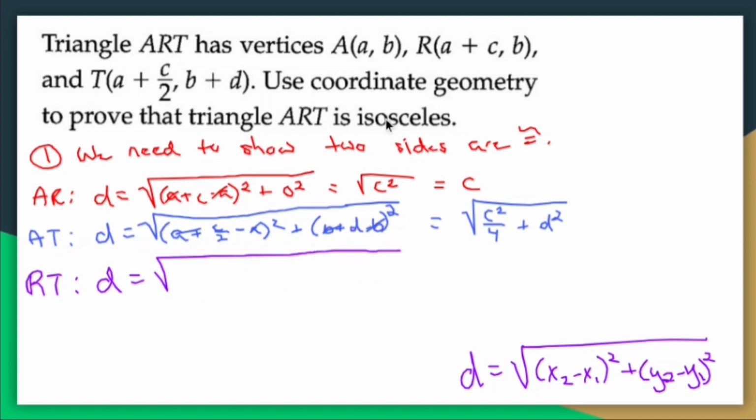All right. The distance, let's let that again be my 2's, that be my 1's.